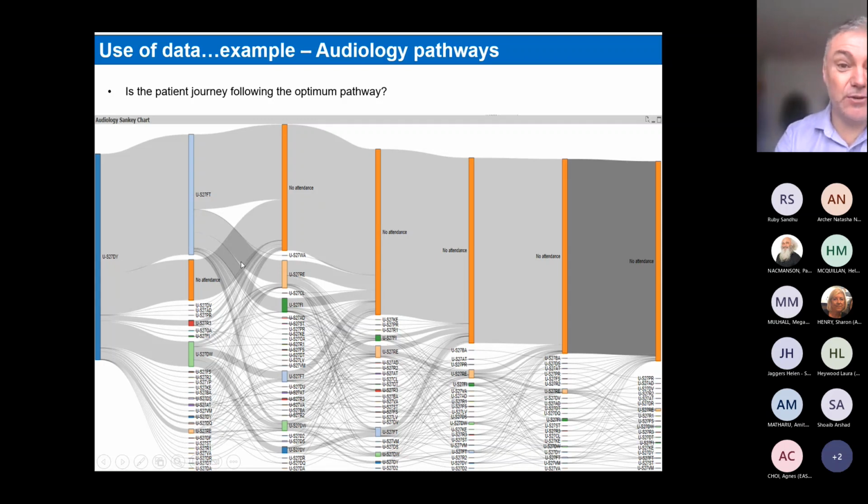And there was a huge amount of patients that were then not attending once they'd had a fitting. And following a DWAX, what should happen is they go for a fitting, but there were loads of patients going many different ways, and you can see it's like a spider's web. The further you go right, the more separated all the patients get.